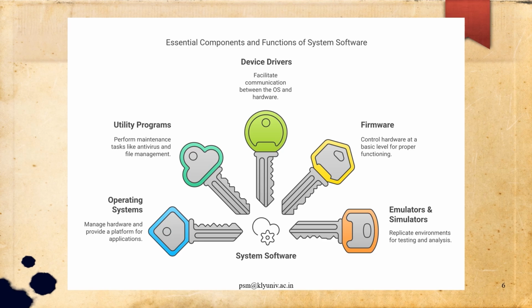Similarly, when it is sending a response from the server to your mobile phone, the server is camouflaged in such a way that your mobile phone understands it is coming from a similar kind of device. So this kind of emulation is going on and on in the network, and emulators are a very fundamental component of the entire system software family.